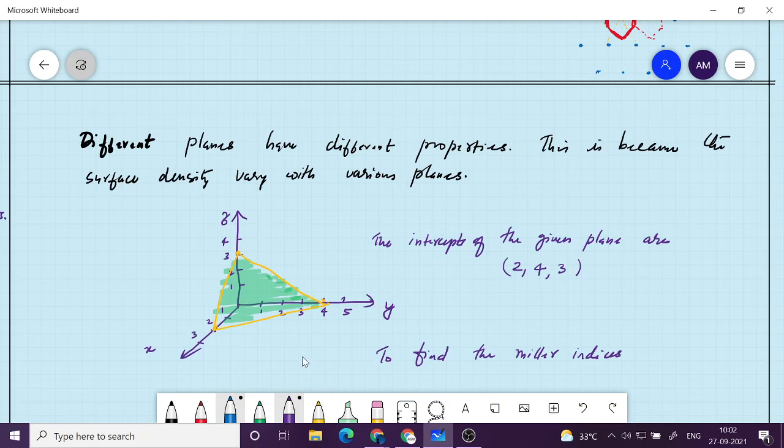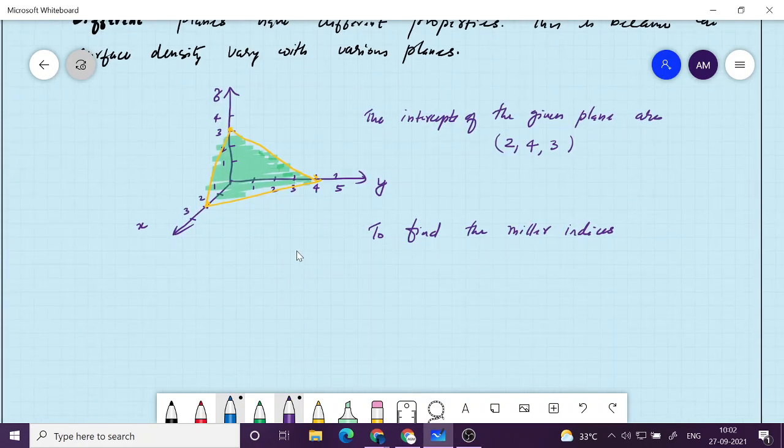Miller indices is a way of specifying a particular plane. Okay, there will be three indices with which you can specify any plane in 3D space. So how do we find it?